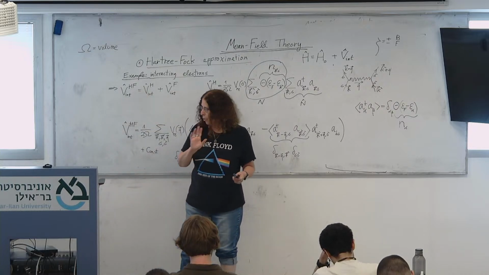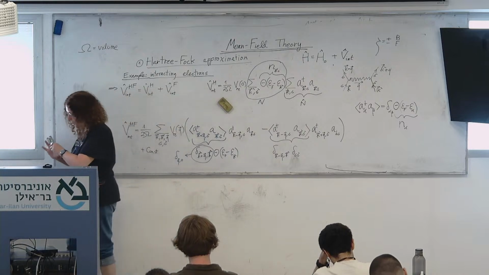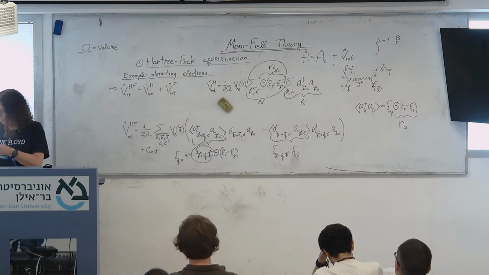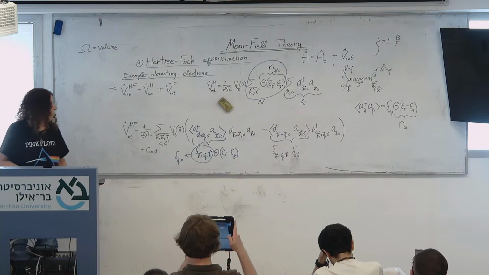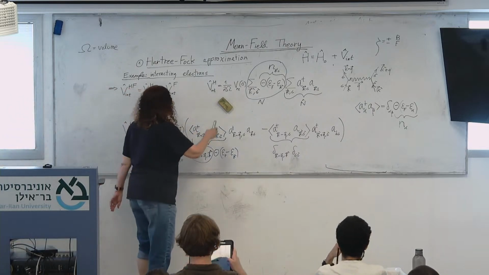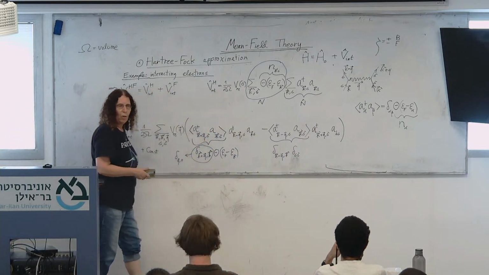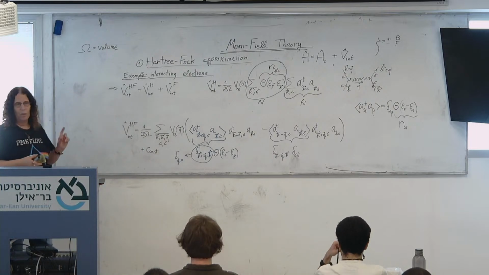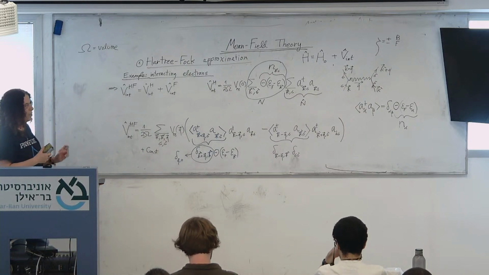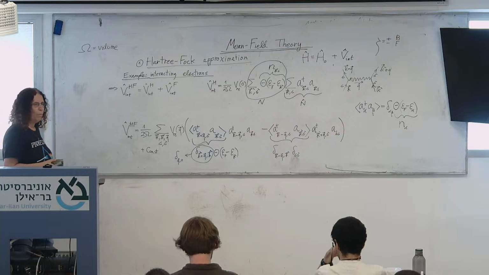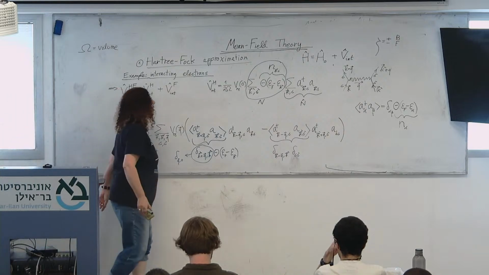Unless, we will see what happens. There's something you have to worry about. Of course, it will be like that as long as the approximation is justified, which means that the corrections have to be small in some sense.